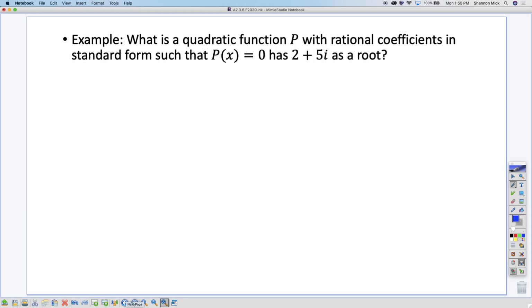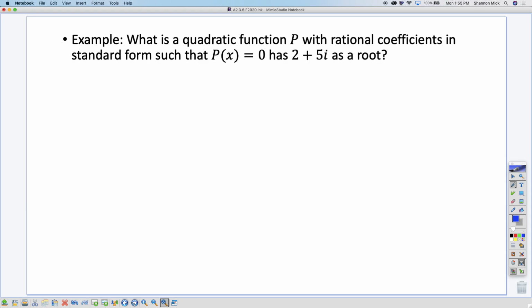Okay, so what is the quadratic function p with rational coefficients in standard form such that p of x equals 0 has 2 plus 5i as a root?